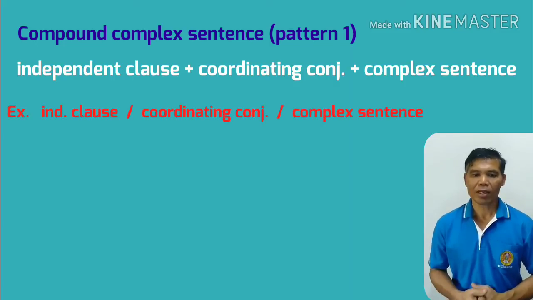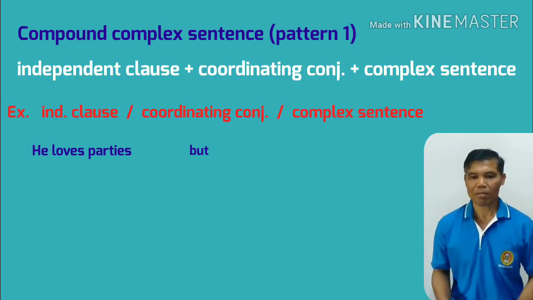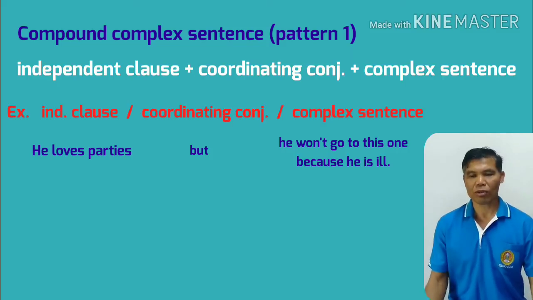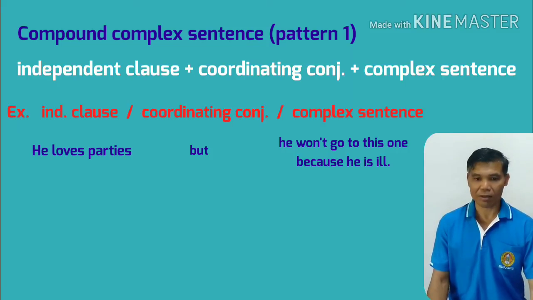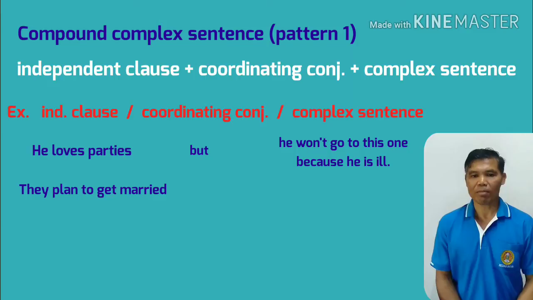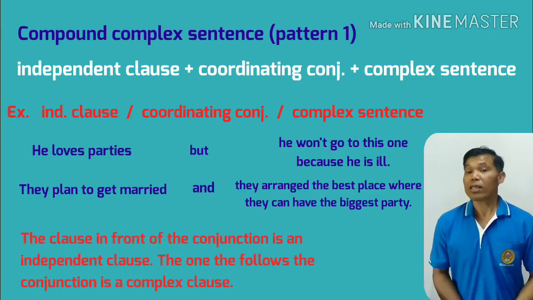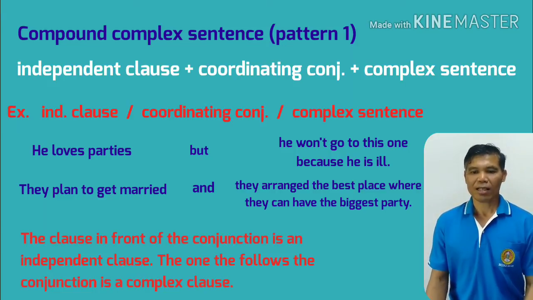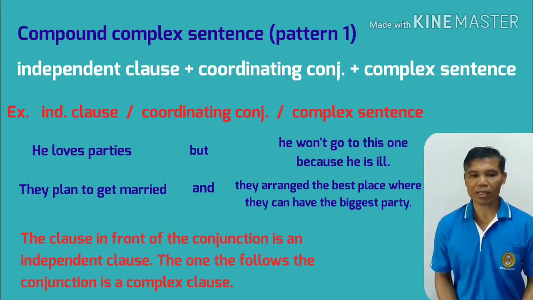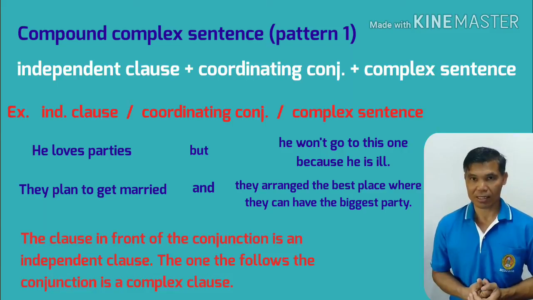For example, he loves parties, but he won't go to this one because he is ill. They plan to get married and they arrange the best place where they can have the biggest party. The clause in front of the conjunction is an independent clause. The one that follows the conjunction is a complex sentence.